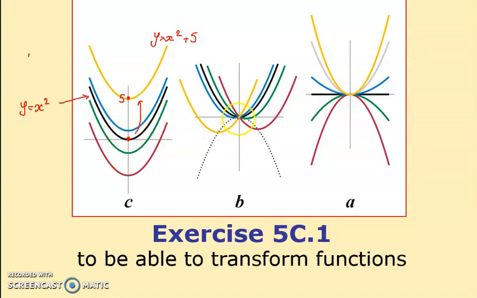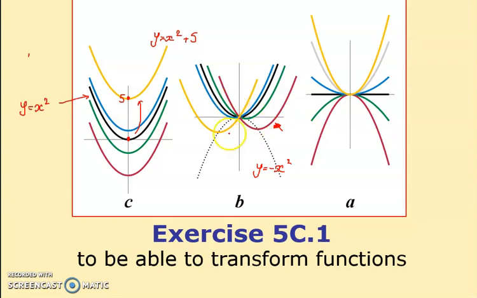Sometimes, we want to do other things to them. For instance, this one here, this seems to be a reflection of the black line of some description, maybe even a stretch of it as well. But one thing you should be aware of, that's y equals minus x squared, this upside down one. And notice this one here has been really quite weird, the way that has been moved.